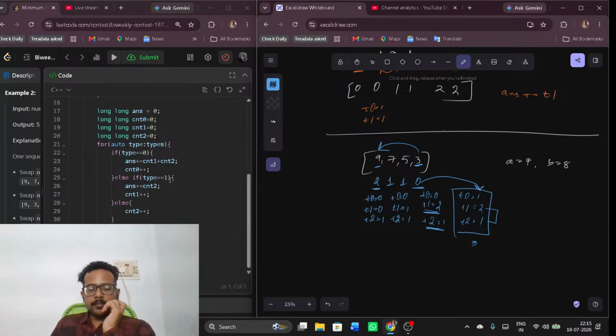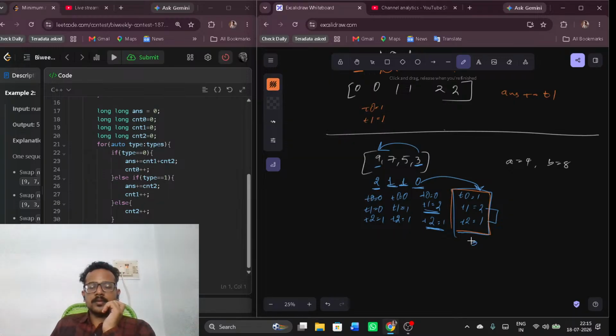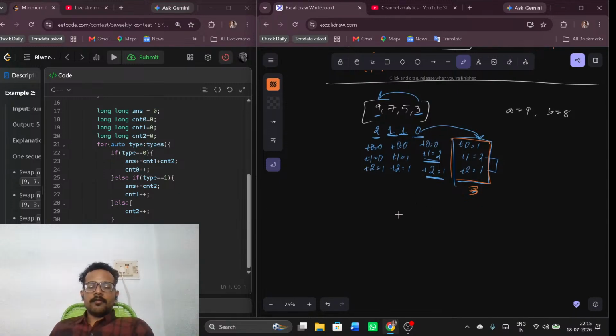Now, if I have type 1, and if I had type 2 previously, let me tell you, when I have 0, previously I saw type 1 and type 2. So that goes to the count.